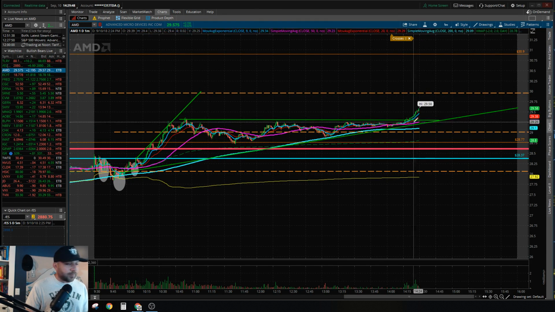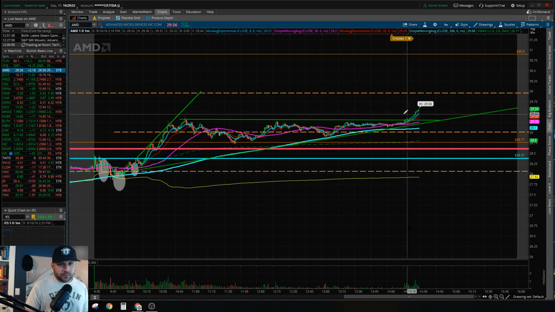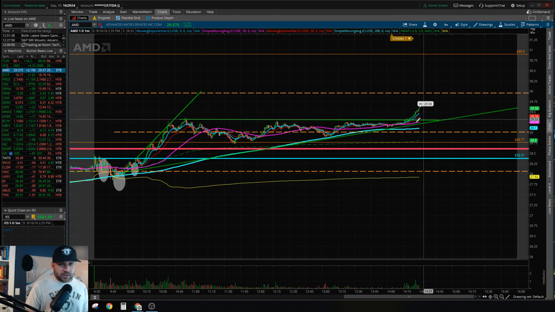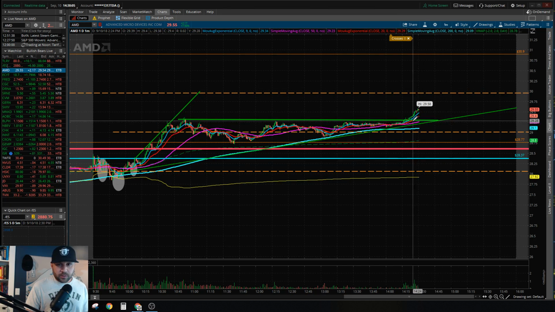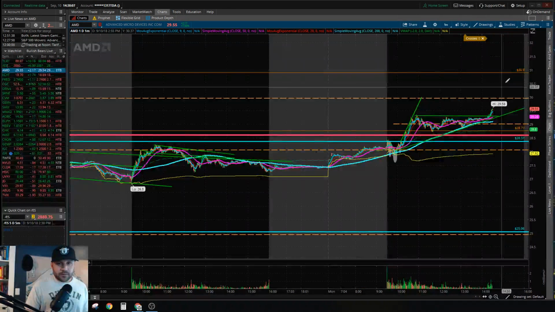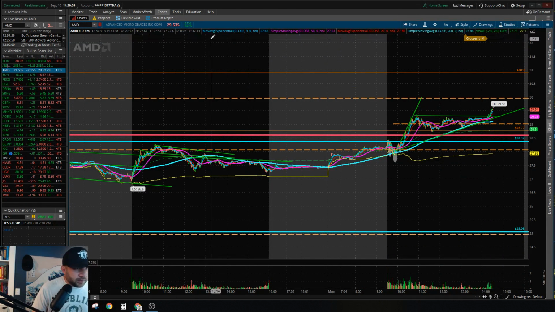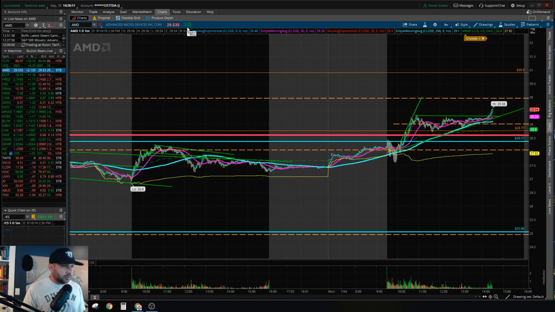So as I'm BSing with you guys and doing a recap and going through all this and trying to teach a little bit, you can see that this ascending triangle pretty much broke out. Didn't want to get any tighter in this apex, and it might be heading to 30 bucks very soon here, which would be a big day and not unusual for AMD to have a 10% day lately.